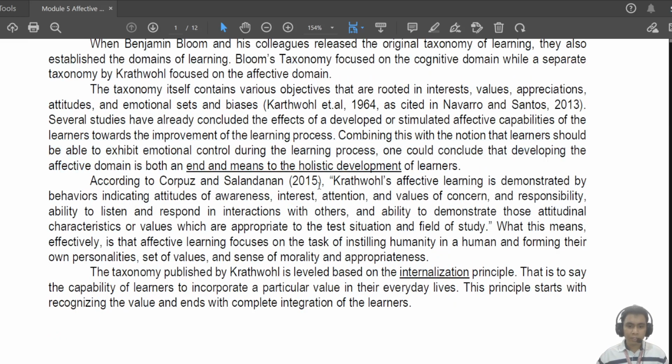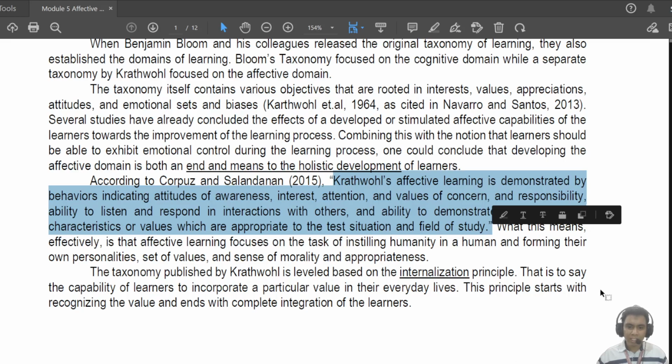So sabi ni Corpuz and Salandanan, yung affective learning ni Krathwohl, let me read kung ano yung sinabi nila. Krathwohl's affective learning is demonstrated by behaviors indicating attitudes of awareness, interest, attention, values on concern, responsibility, listening to others, responding to others, and demonstrating the attitudinal characteristics or values that are appropriate to a situation or to a field of study.